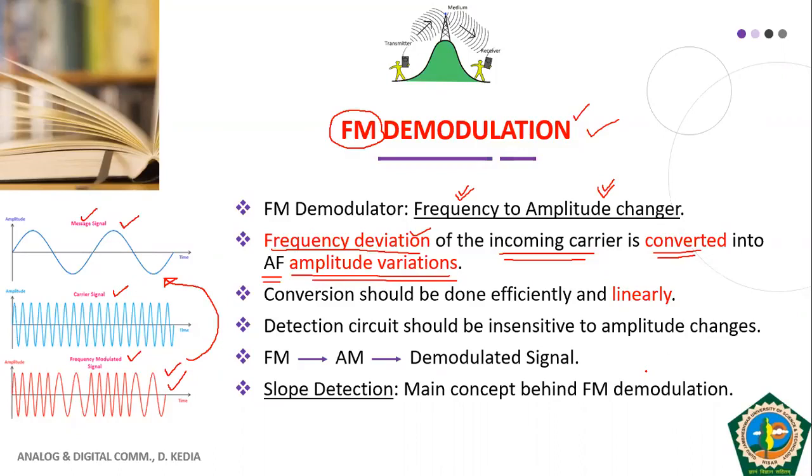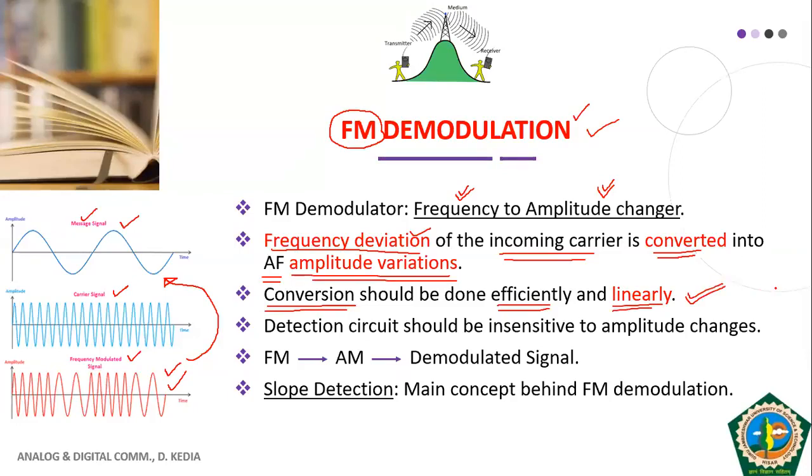Now one thing that we have to keep in mind or take care of while converting frequency changes to amplitude changes, that this conversion, it should be efficient and it should be linear. So this linear part is very, very important.